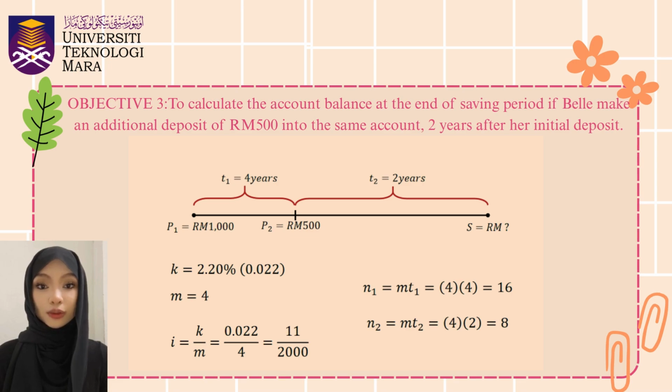M equals 4, and I equals K over M, equals 0.022 over 4, equals 11 over 2,000. N1 equals M times T1, equals 4 multiplied by 4, equals 16. Next, N2 equals M times T2, equals 4 multiplied by 2, equals 8.